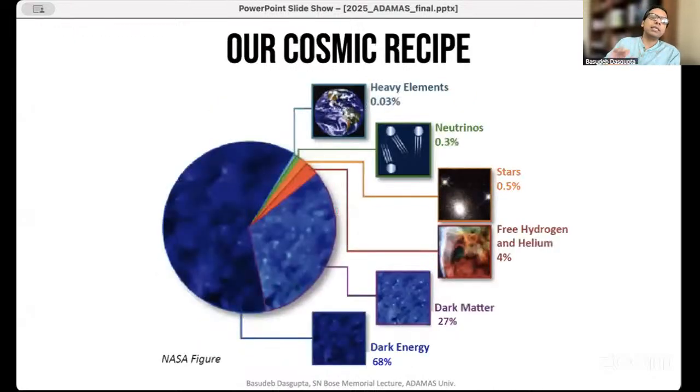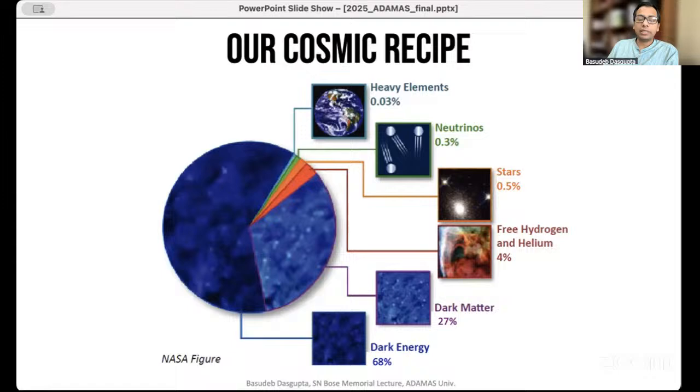But basically, this is our current so-called concordance picture of cosmology: 68% of the total energy density in the universe is in the form of this thing called dark energy, which I will not discuss today. 27% is in this form of unseen, invisible matter that does not couple to radiation, does not interact with light in any significant way. And then the rest, 4% or so, is made of hydrogen, helium, stars, neutrinos, what else?